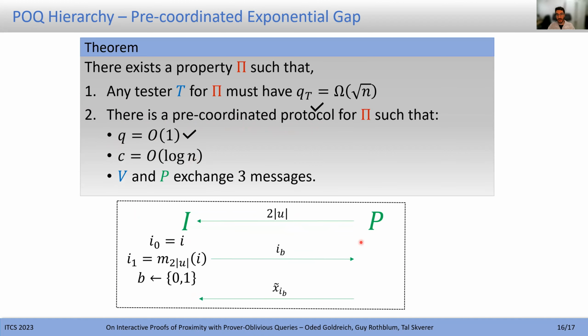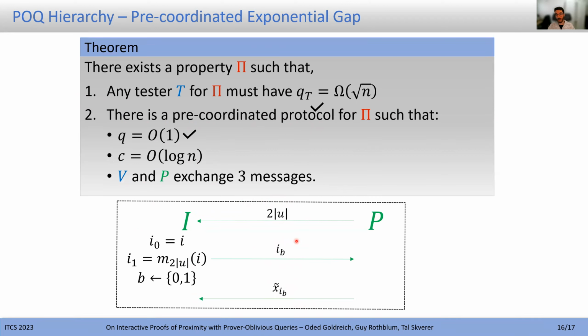And in the interaction, P and I exchange 3 messages. We satisfy this condition, and the things that they actually communicate: 2U is just a size, which can be communicated in a logarithmic amount of bits. This is an index, which can also be communicated with a logarithmic amount of bits, and this is just 1 bit.